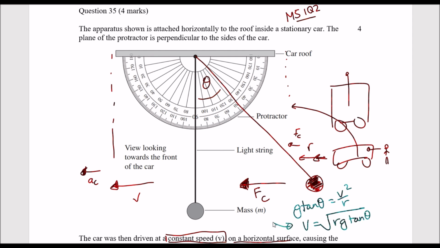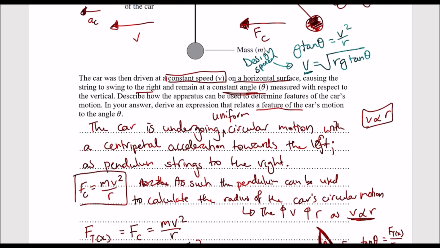This is what we can call design speed, but we can also interpret this as the speed at which the object is moving in its tangential velocity or tangential speed. And that can also give us some details about the car's motion as well.